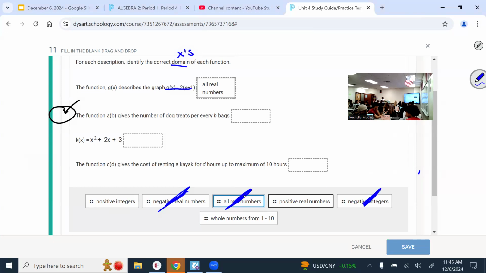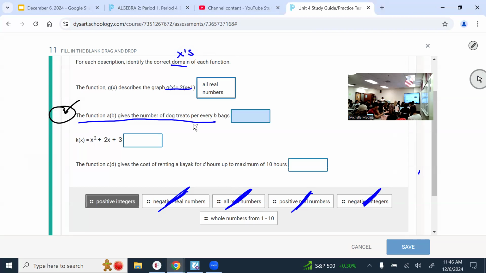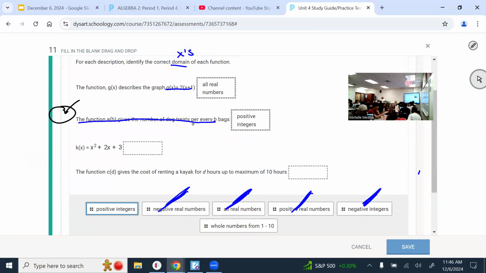And also, can it be a decimal? Can I have a decimal of that? So anything that allows decimals, I cross out. I'm between these two. Does it say anywhere in this description that the most you can have is 10? So then I'm going to take the one that says positive, like a process of elimination. And positive, negative, decimals for that situation.